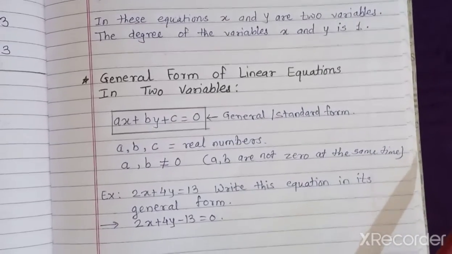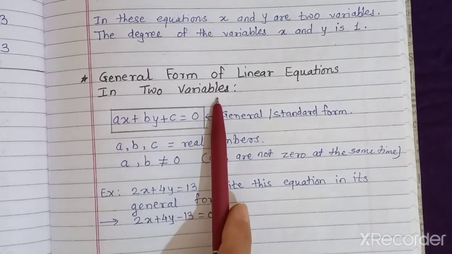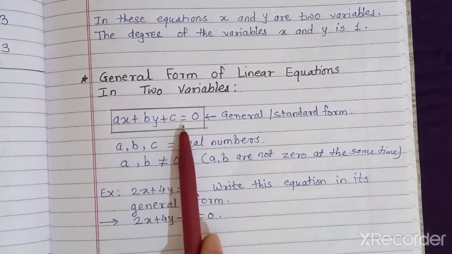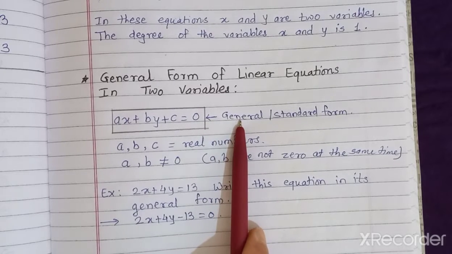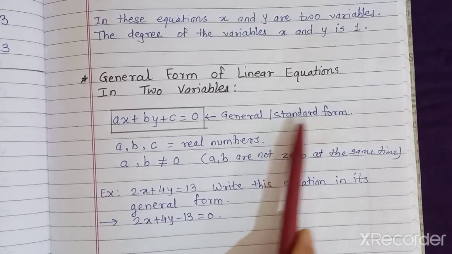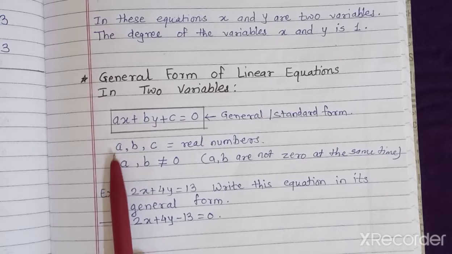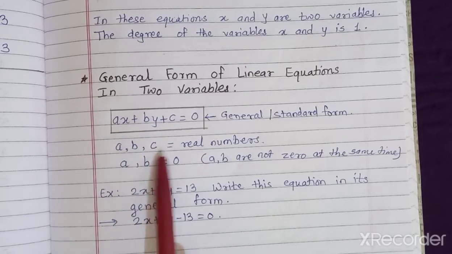Okay, now let us see the general form of linear equations in two variables. Ax plus by plus c is equal to 0 is nothing but the general form, or it is also called the standard form of linear equations in two variables. Okay, now here a, b and c, all these are real numbers.